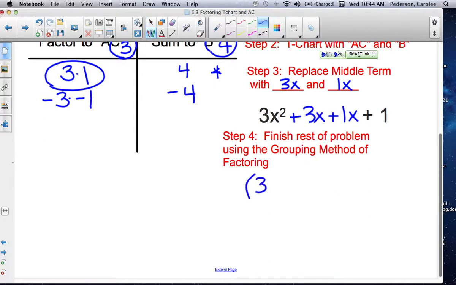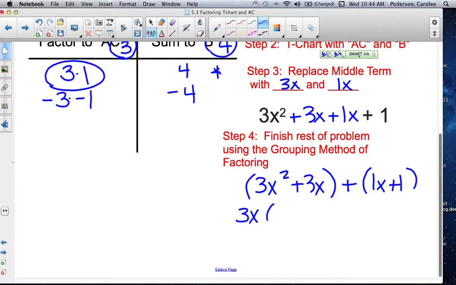So we're going to group 3x squared plus 3x, and then plus 1x plus 1. What we're going to factor out is a 3x here, and we're left with x plus 1. Over here, we're going to take out a 1, so we're left with x plus 1.